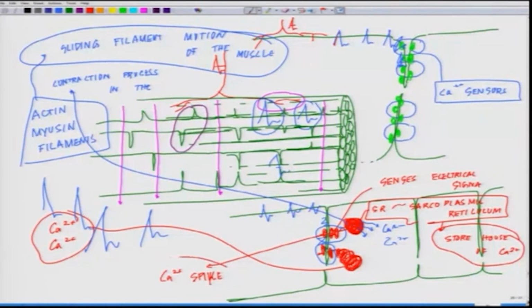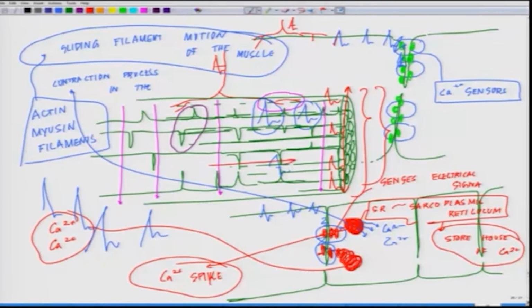This is the calcium spike which is coming. So, it is a very interesting process how these electrical signals are transmitted in 3 dimensions back and forth. And which leads to the mechanical motion of this muscle.